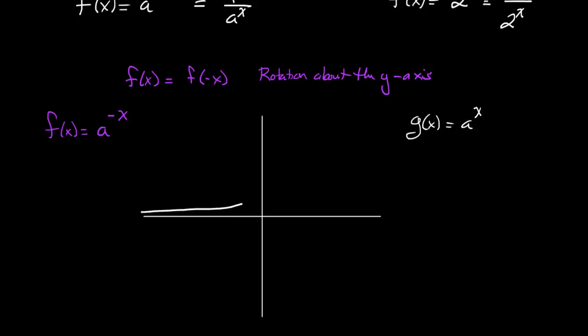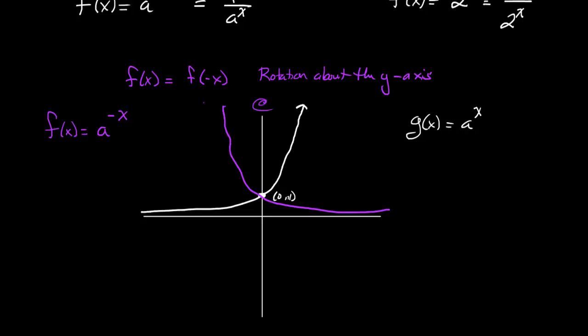It's going to get very, very close to the x-axis, and it's going to hit 0, 1, and shoot on up. However, if we rotate about the y-axis, it's going to do the opposite. It's going to actually start here coming from the left, but I draw it easier coming from the right. That's just the way I think. So it's going to come over here. It still intersects and shoots on up like that.